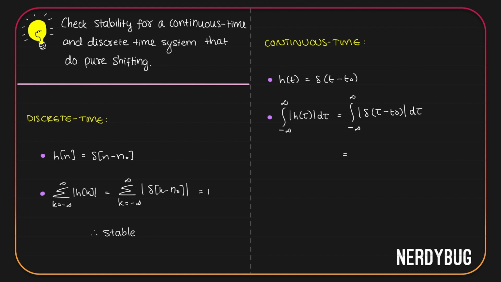But this is also equal to 1. Delta of tau minus t naught will have non-zero value at t naught. Everywhere else it will have 0. So if you integrate it, you will be integrating the area of that particular impulse at t naught, and we know area of an impulse is 1. So this is 1. Therefore, this system is also stable.